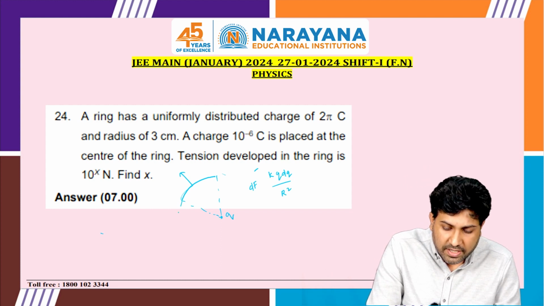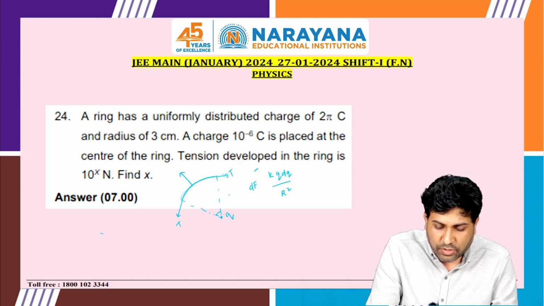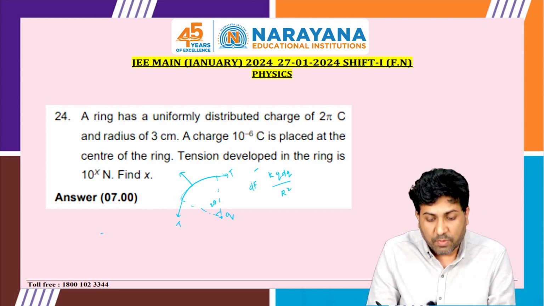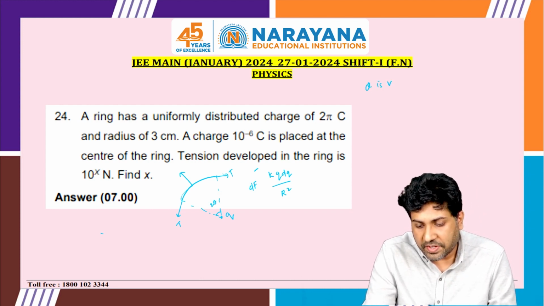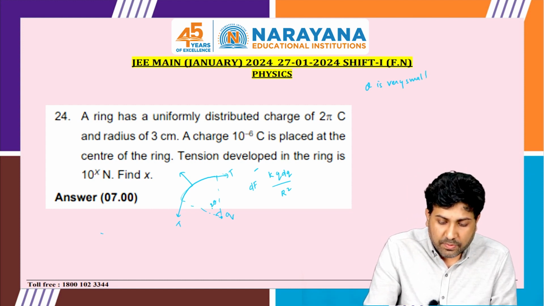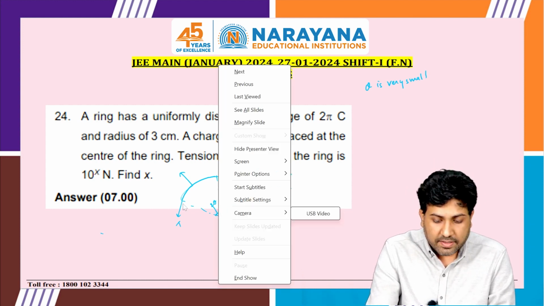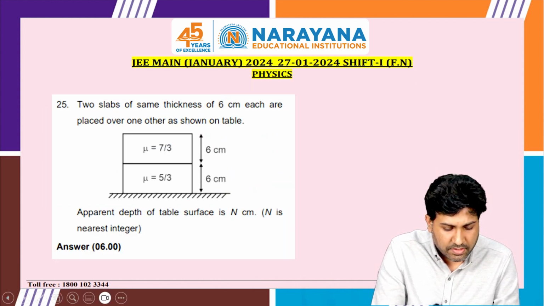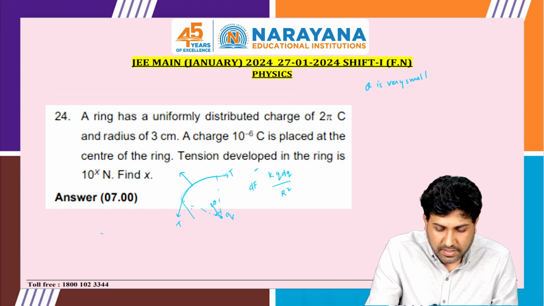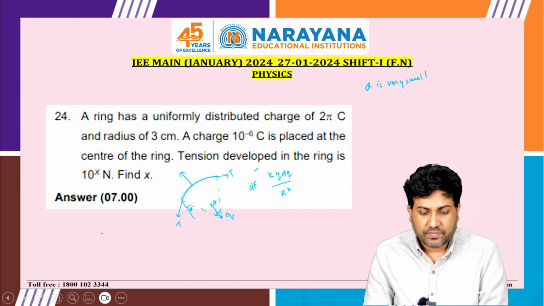And the tension here, let's say, is T, and from here also it is T, and let's say this angle is 2 theta, but remember theta is very small. Okay, so now this angle is also theta, this angle is also theta.